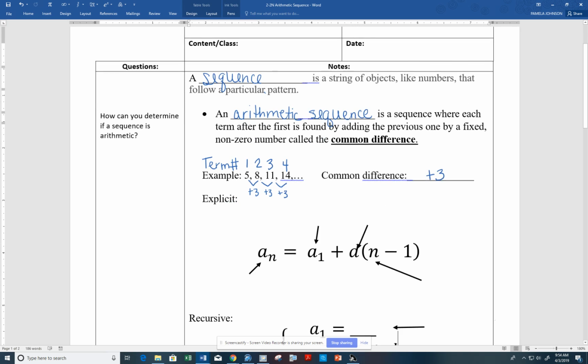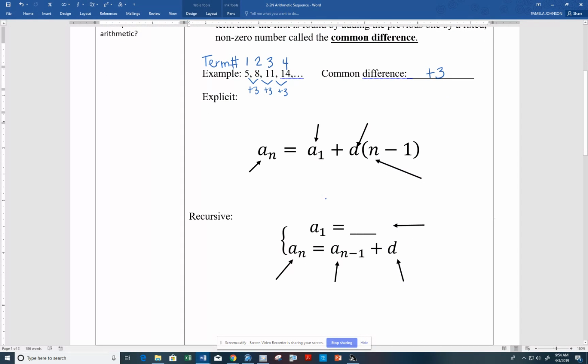If we look at the two types of formulas, the two types of equations we can write for them, there's an explicit formula and there's a recursive formula. You'll notice that they use the same symbols, and they all stand for the same thing.